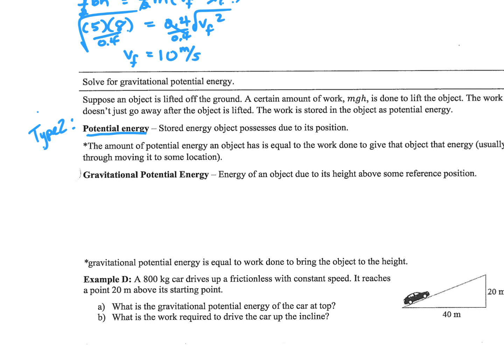That means it is energy that's stored, that it's due to its position. Think about it. If you hold something up above the ground, pencil, whatever, it has the potential to move if you let go of it. The higher you hold it, the more potential it has to move, because it's going to fall further. It's going to do more work.